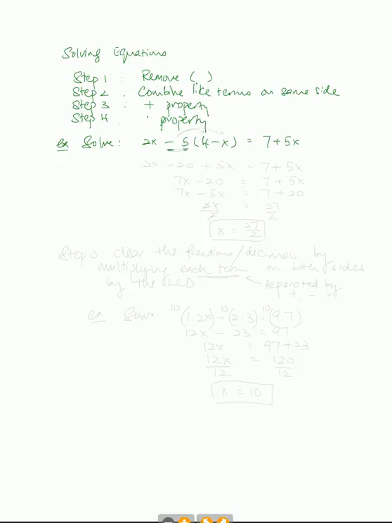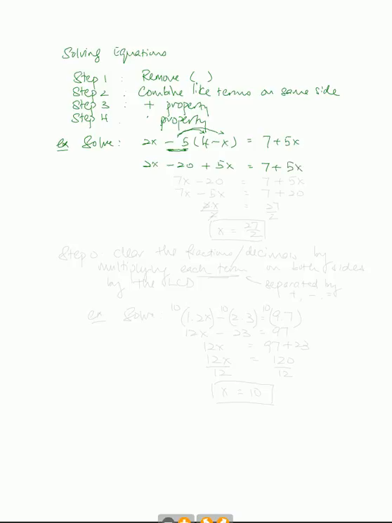So bear in mind that the minus really belongs to the 5, and you should be distributing an entire negative 5 into the parentheses. So your next line would read 2x minus 5 with 4 makes it minus 20. Minus 5 multiplied to minus x makes it positive 5x equals 7 plus 5x.